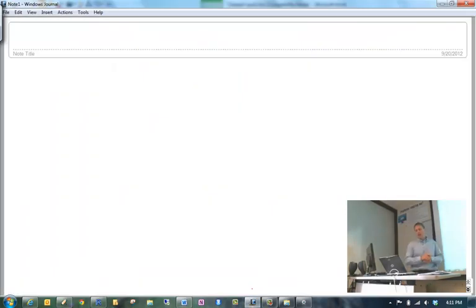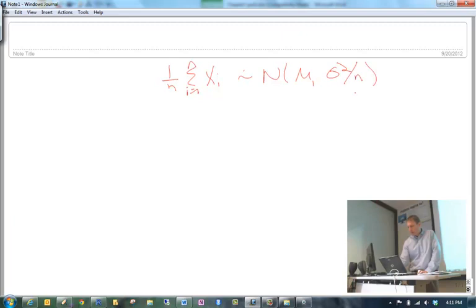Now to explain where we're going to go with this, let's again talk about the central limit theorem. We know that 1 over n times the sum, i equals 1 to n, of x of i, we learned this in 82, is approximated by a normal with mean mu and variance sigma squared divided by n. Where does this mu come from? It's the expected value of x of i. Where does the sigma squared come from? It's the variance of x of i.